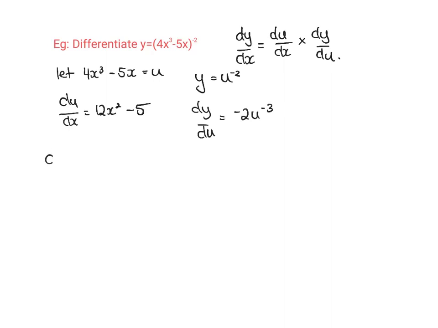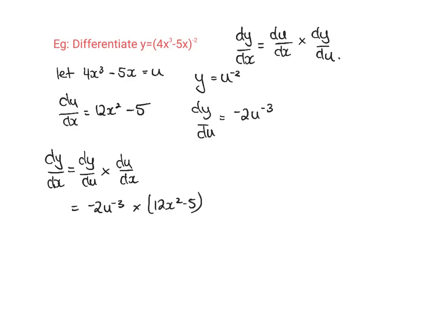So when we find the whole derivative, it's going to be dy/du times du/dx. We end up with negative 2u to the negative 3 times (12x squared minus 5).